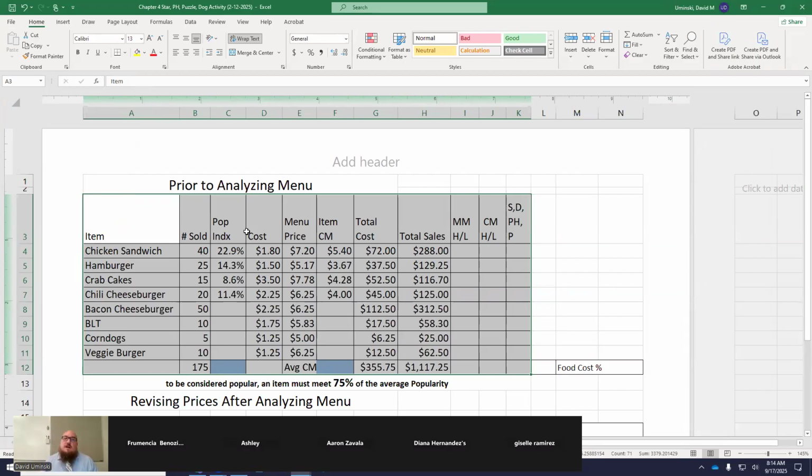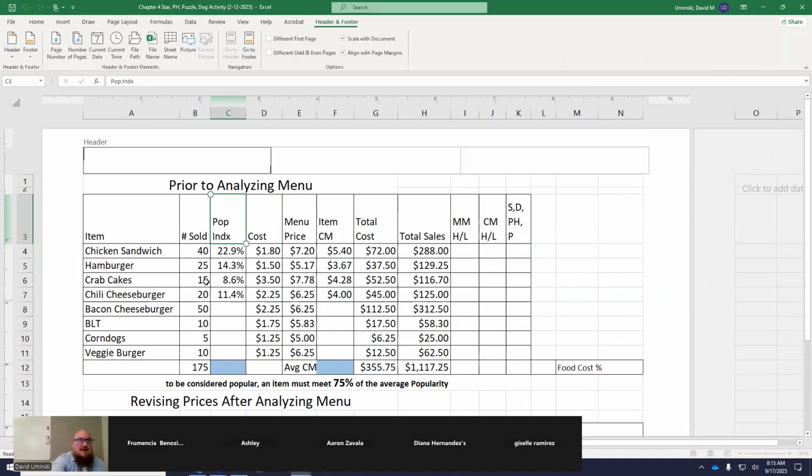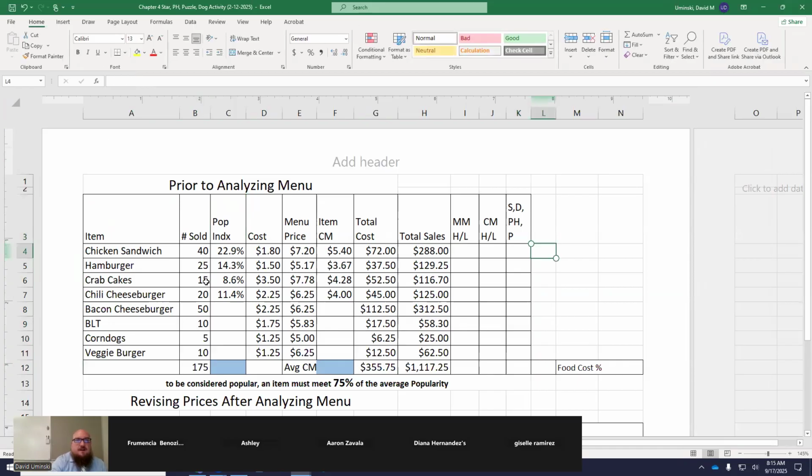So let's start with our popularity index, popularity percentage. Who remembers how we find the individual popularity percentage for each item? You divide by the number of total items. So we divide the number of servings for that particular item by the total number. I've given you the total number of 175.